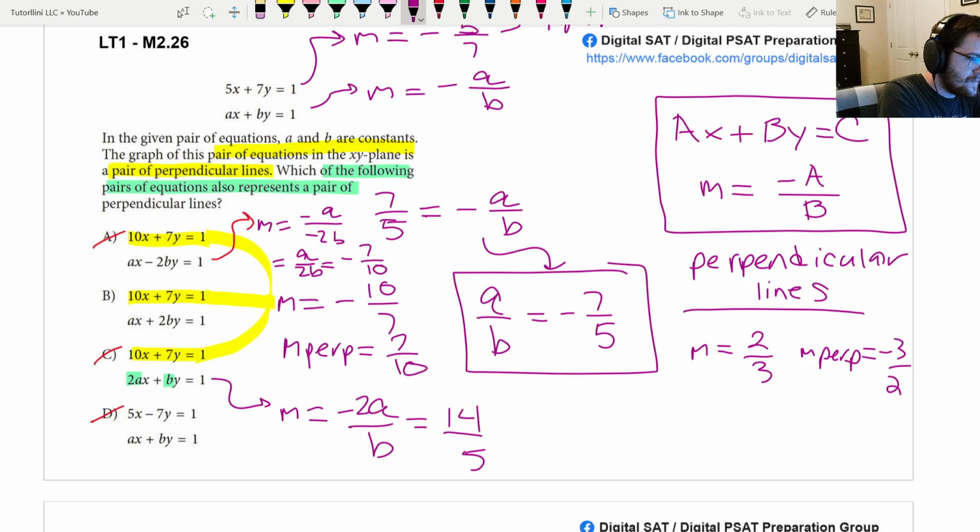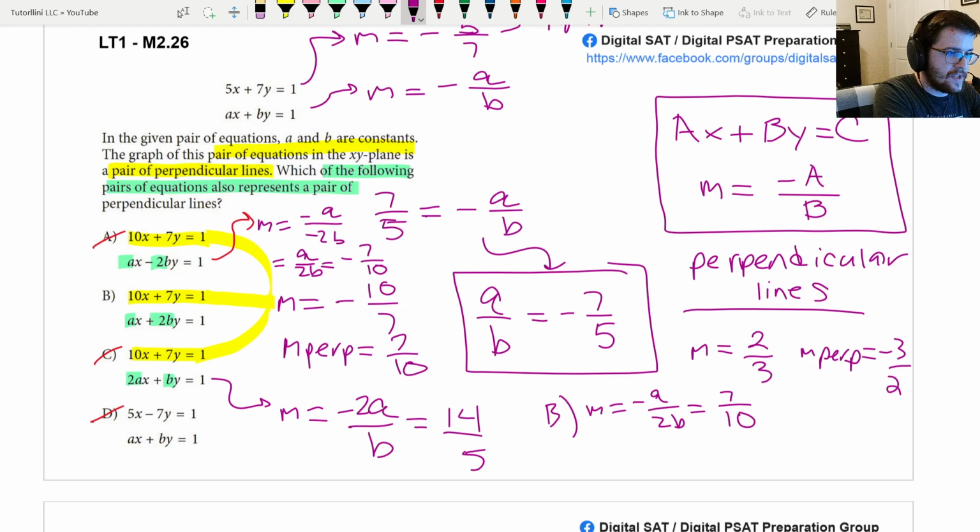Let's check. So we get m, I'm just going to do this way over here. m is equal to -a/2b. So a/b is -7/5 times a negative makes that positive 7/5, and then times 1/2, 2 on the bottom, is 7/10.